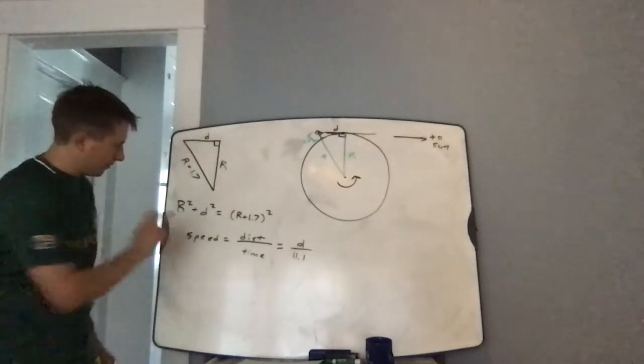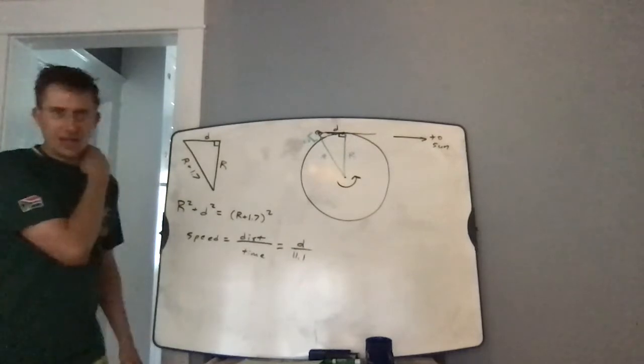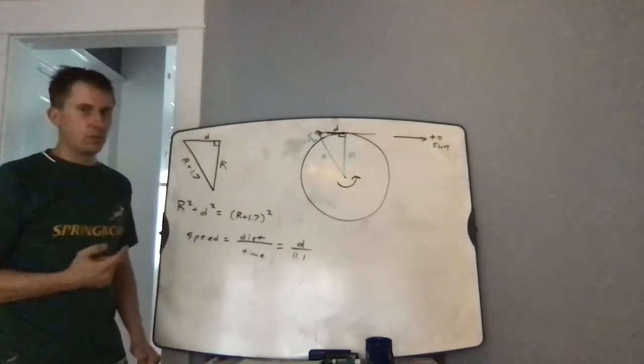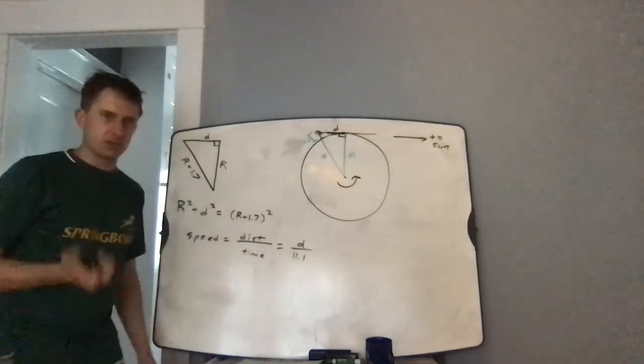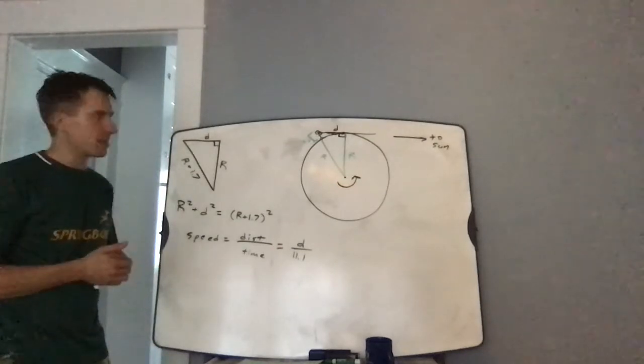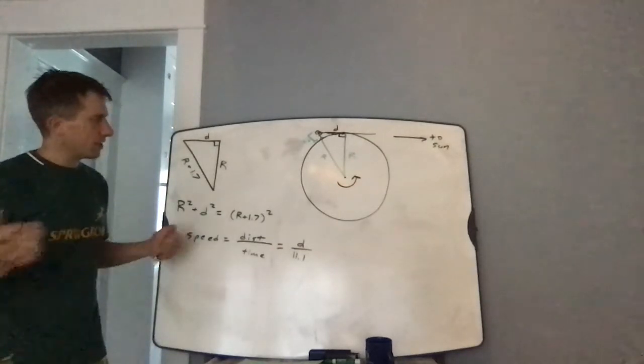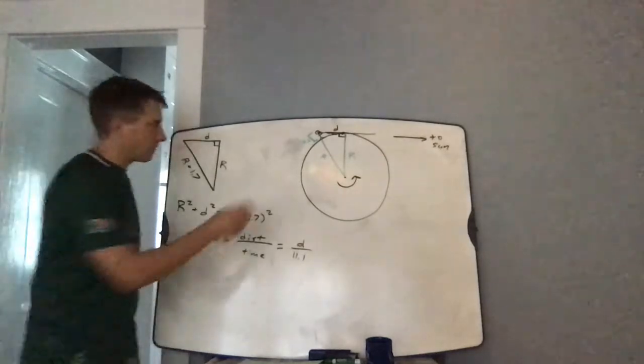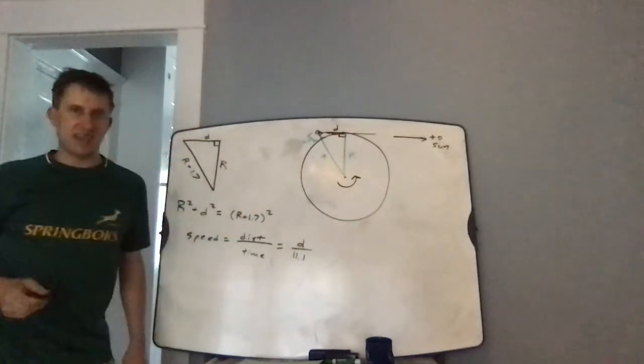But still, let's think about it. How fast will you move? You're traveling with the Earth, so how fast is the Earth spinning? How about we think about it like this? We know we traveled this distance in 11.1 seconds.